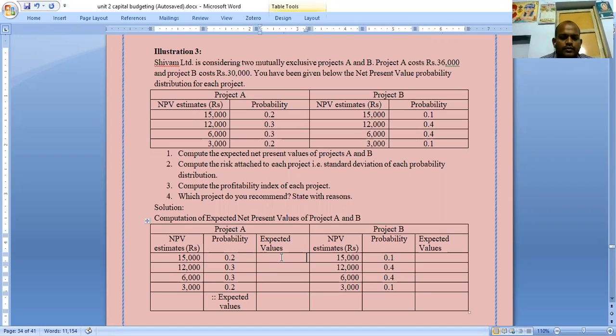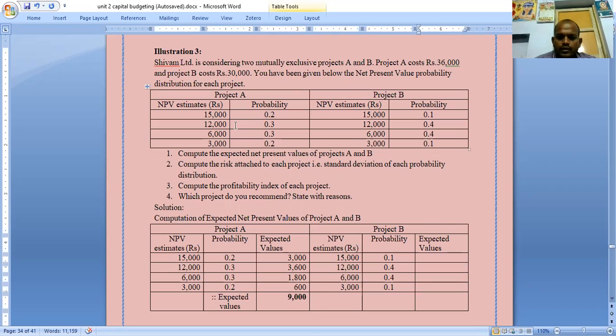So expected values we have to calculate. 15,000 into 0.2 is 3,000. 12,000 into 0.3, 3,600. And 6,000 into 0.3, 1,800. 3,000 into 0.2, 600. So total expected value comes around 9,000.